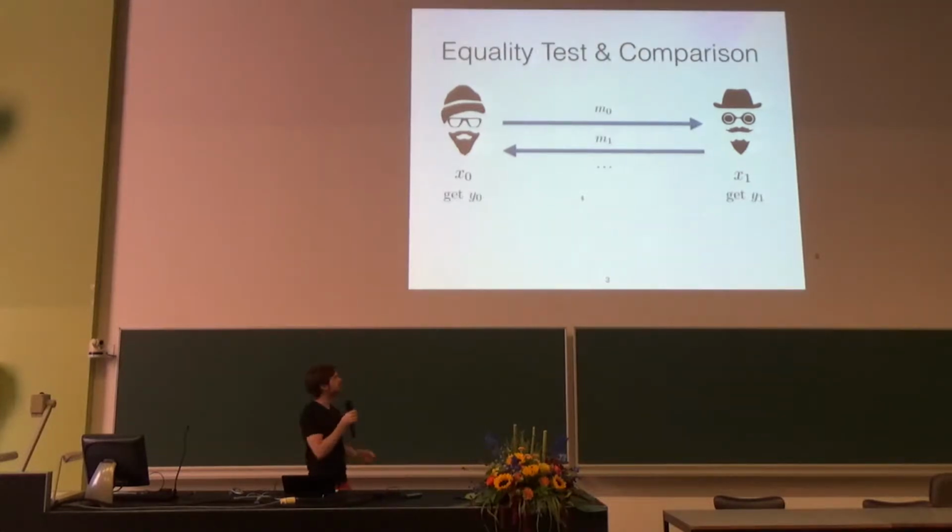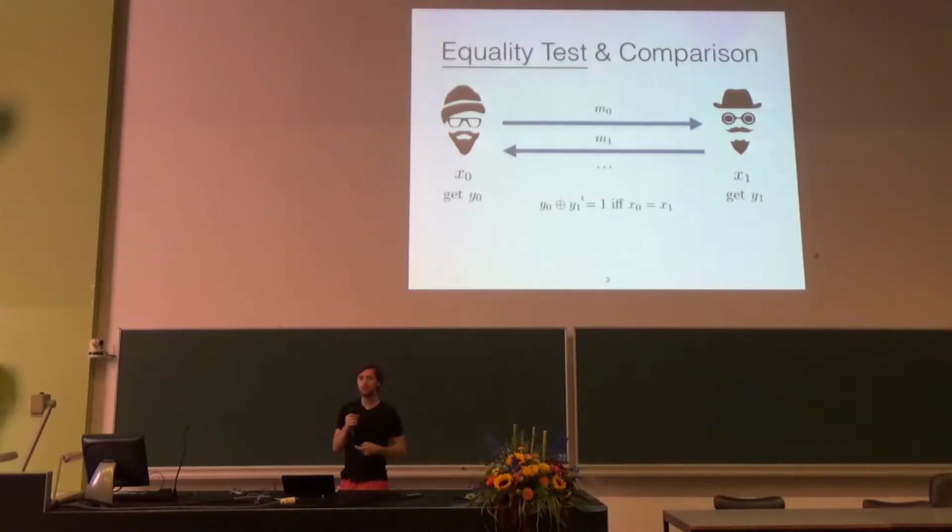So in this talk, I will focus mainly on two very specific types of secure computation protocol, namely equality test and comparison, which are very typical examples of secure computation tasks. So equality test refers to the task of securely computing the equality predicate, which checks whether two input strings are equal or not.